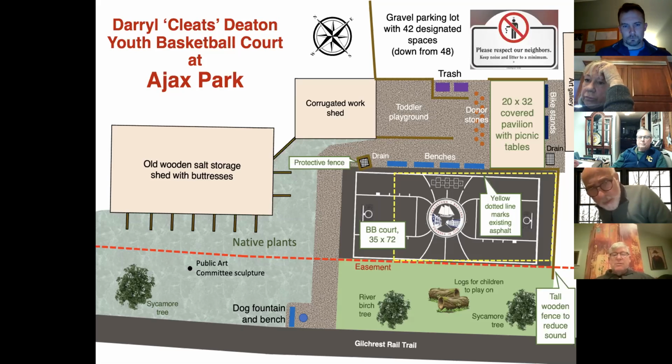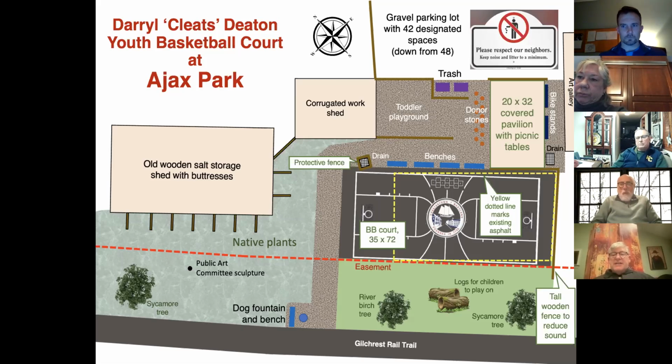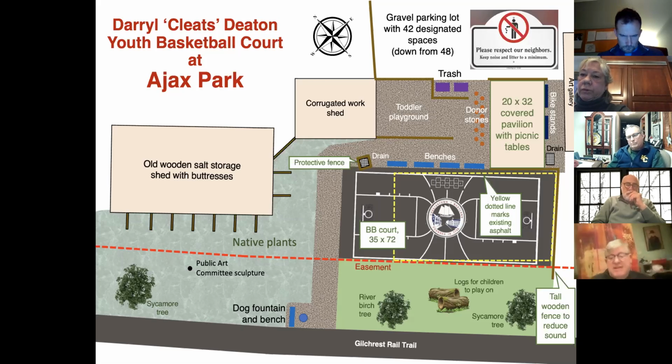Let's see what else. Oh, it's a very good idea to make sure we had the walkway from the toddler playground to the rail trail. Not exactly sure yet what kind of surface that would be, but it would be a solid surface to allow wheelchair access. It's important to be accessible. The lower part of the walkway is within the easement area, so we would not be able to construct that part unless we got permission from the state.